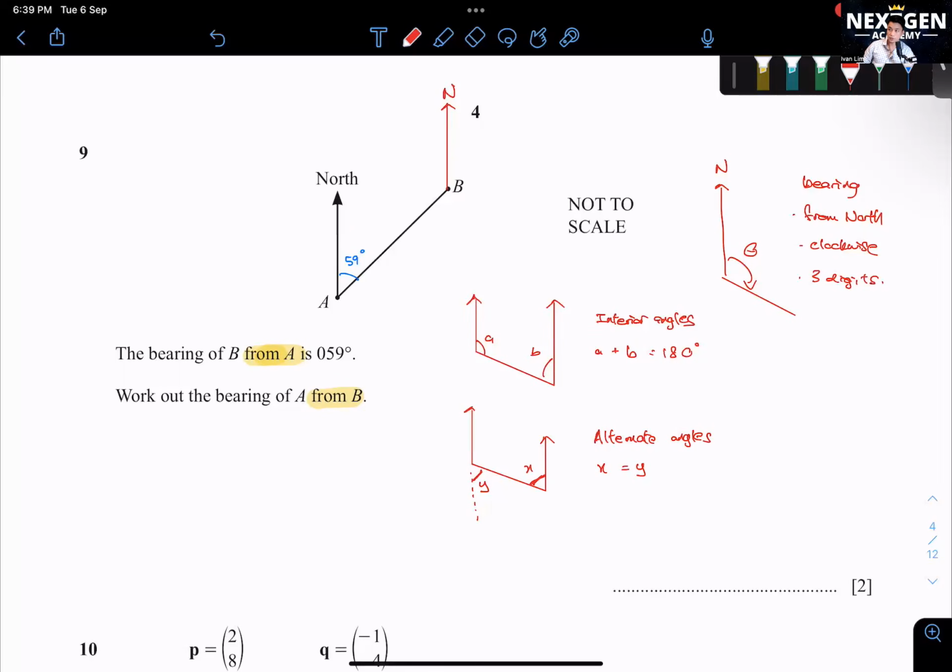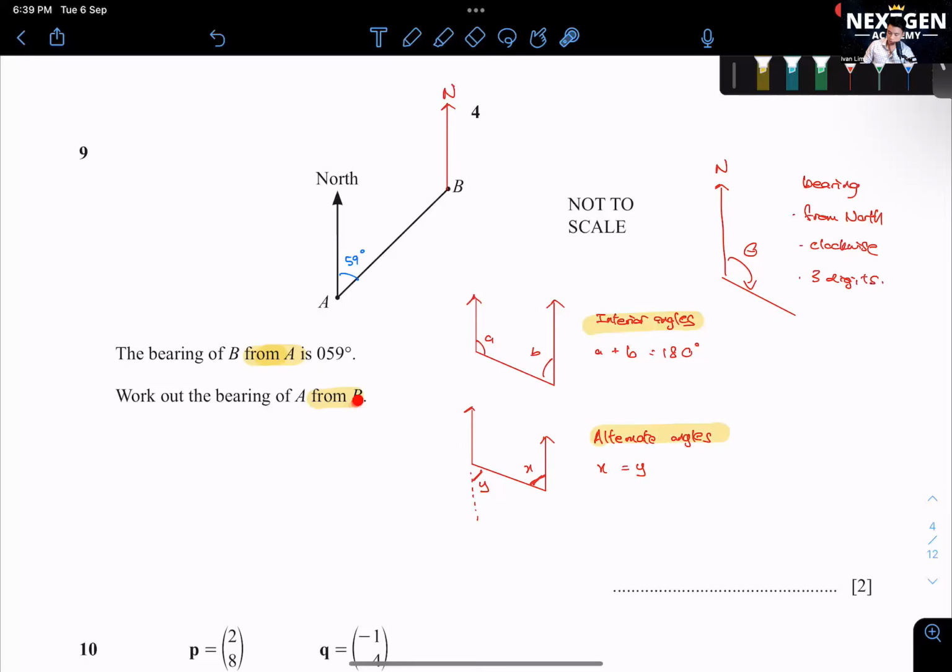So you just keep this in mind. Just write this down. Whenever you do a bearing kind of question, you might need to use this interior angle or alternate angle, depending on the information that's given to you.